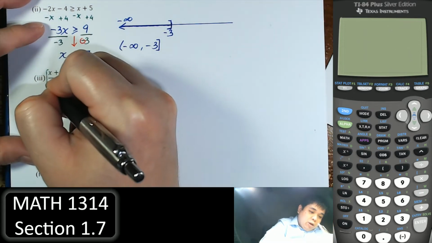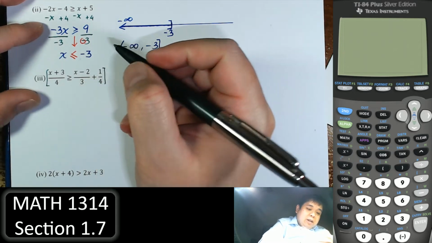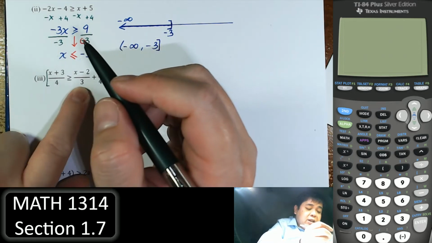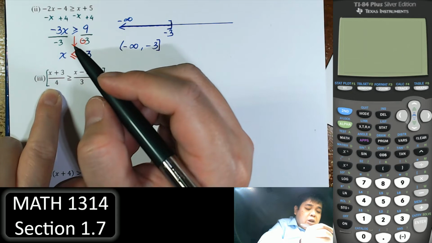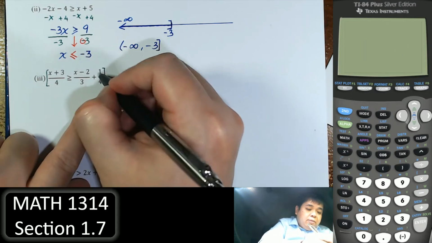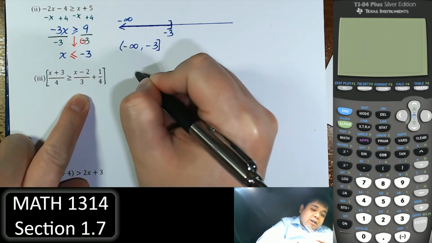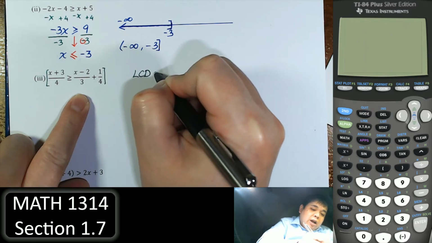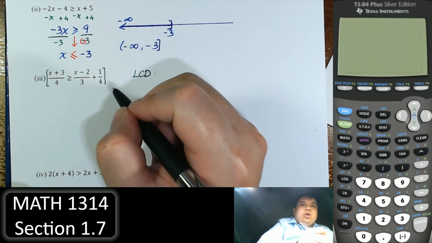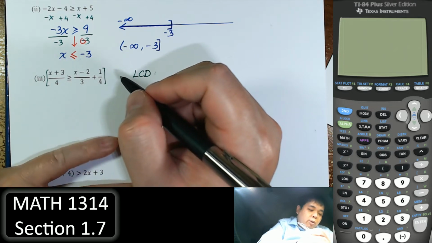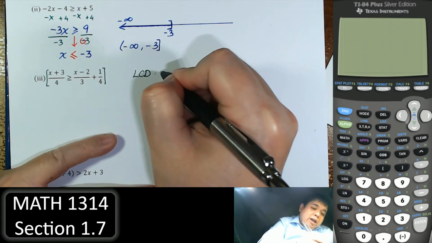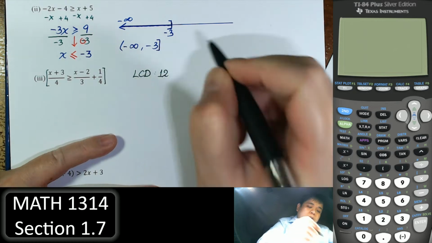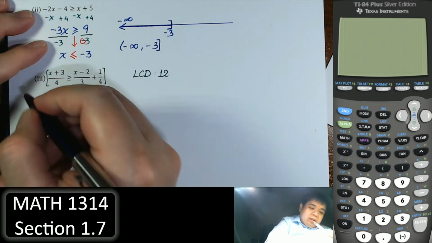So here, multiply on both sides by something that can eliminate the denominator. So I will multiply by the least common denominator of 4 and 3. So a number that is both divisible by 4 and divisible by 3, that could be 12. So multiply 12 on both sides of the inequality.